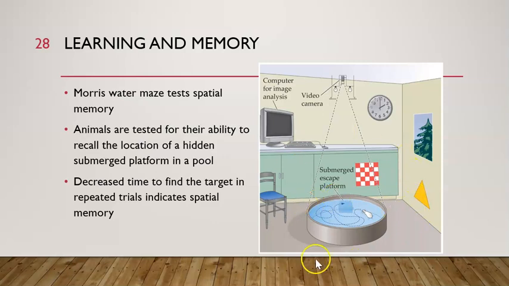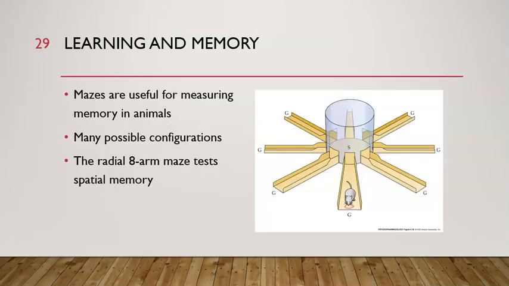Now, we use this for learning and memory to see if the animals will use their spatial awareness to find the platform easier on subsequent trials, because they should remember where the platform is. So decreased time to find the target platform in repeated trials indicates good spatial memory.